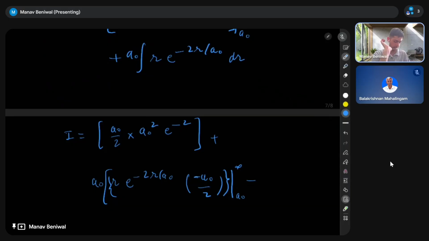And then we'll have minus, so this will again become plus a naught by 2 integral e to the minus 2r by a naught dr, a naught to infinity.